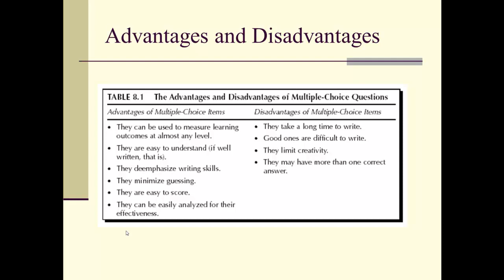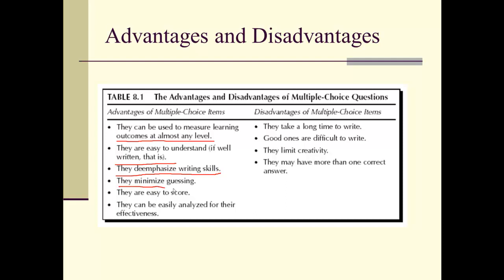And of course, we see our advantages and disadvantages, and we've looked at a lot of them. They can be used to measure learning outcomes at almost any level. They're easy to understand if you write them well. They de-emphasize the writing skills. Students don't have to do a whole lot of writing, just put the letter or circle the appropriate answer in the blank.